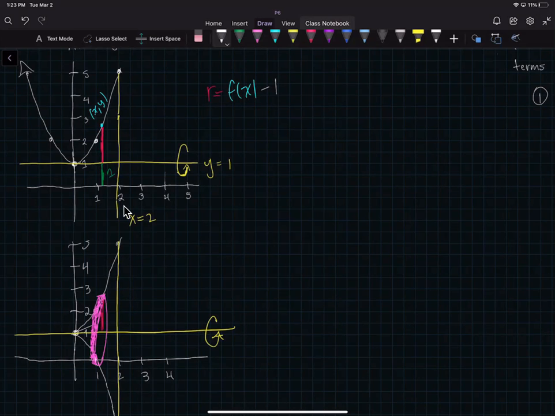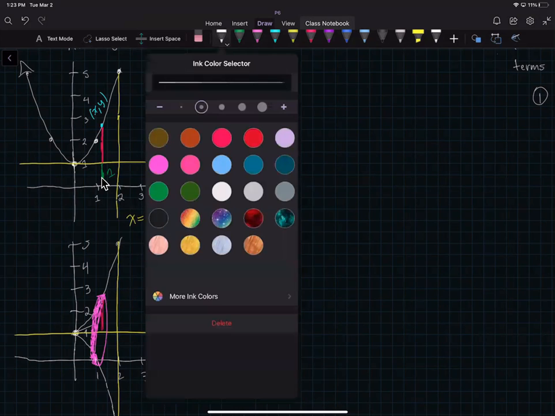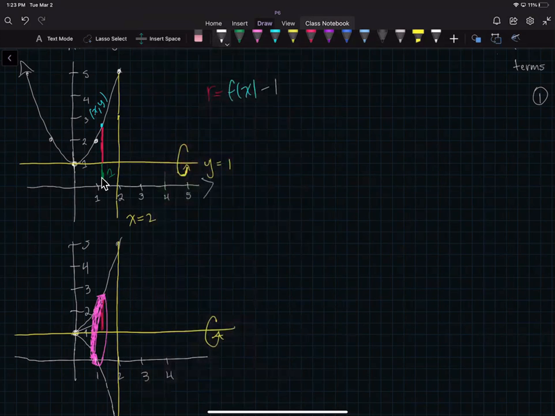How do we know when it's either positive or negative? What do you mean? Are you talking about the 1? You do it based on whether the radius, so this is the x-axis. From the x-axis to the point, that's f of x.